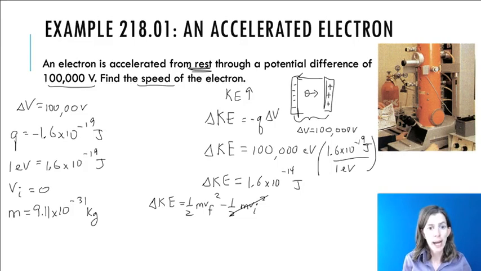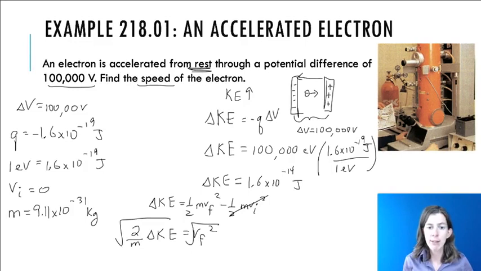So we need to go ahead and solve for v final. Multiply each side by 2 and divide by m, and that will get rid of the 1/2 m, so you get v f squared, and then just take the square root of both sides so that you can get v f by itself.